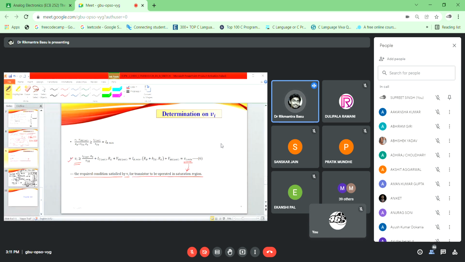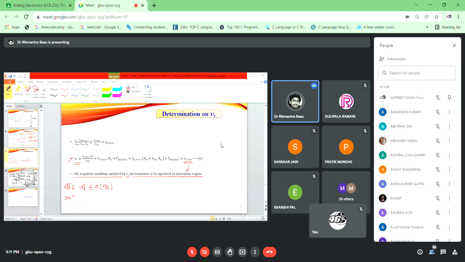So whenever you are making a transistor act as a switch, if you have to turn the switch off, we know VI should be less than or equal to 0, but should not be much less than its cutoff region. Or usually you can write VI less than or equal to VBE.